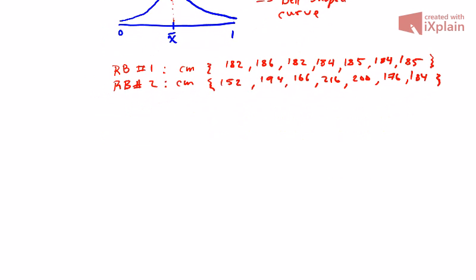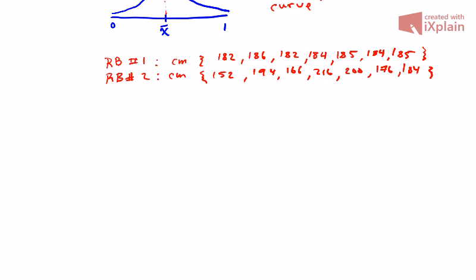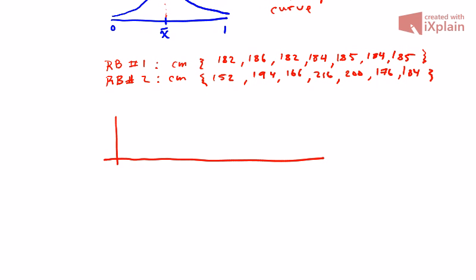We call these dot plots. A dot plot basically measures the overall frequency, the number of times, or the distances. So I'm going to put frequency, and I'm going to put number 1 for rubber band number 1, and then I'm going to do the second one, the number 2 frequency, or how many times it exists.